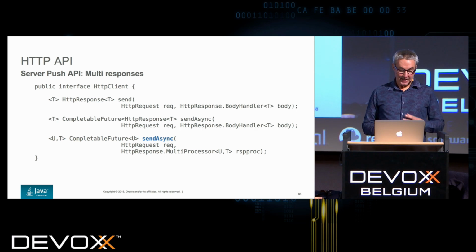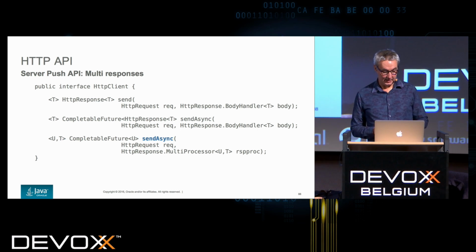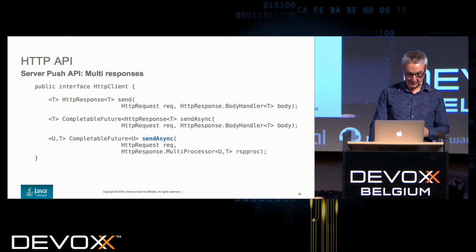So this is an object that knows how to deal with all of the complexities of server push. And you can see here that this method is parameterized with two types, U and T. So T is the same as before. It's the type of the response bodies that you're going to receive from this sequence of server pushes.